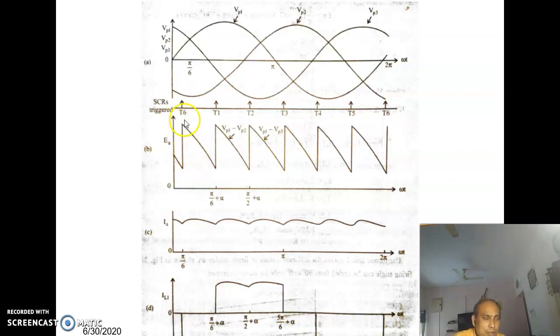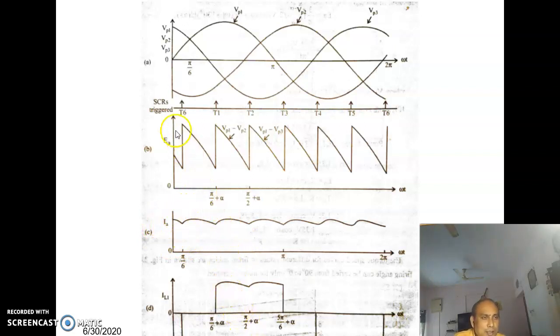So the triggering sequence will be 6 1, 1 2, 2 3, 3 4, 4 5, 5 6, and 6 1. Here this is our three-phase input voltage, this is the corresponding output line voltage, this is the output current, and this is the line current.